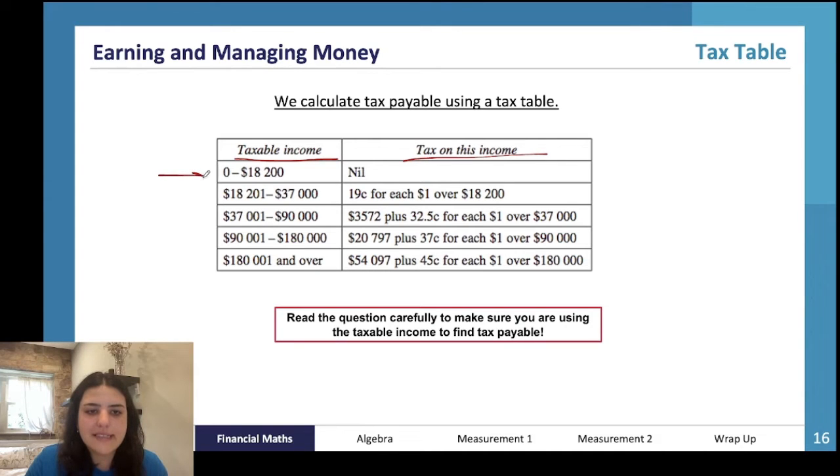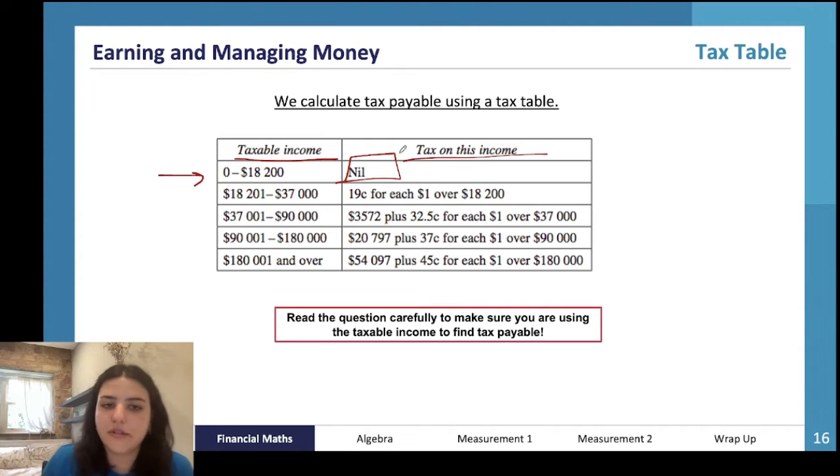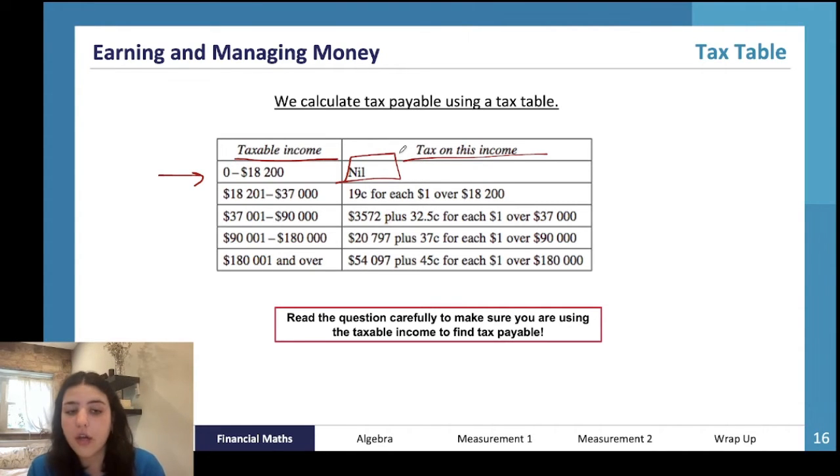If you earn less than $18,200 a year, you do not pay tax. This is why I suspect most of you will be unfamiliar with paying tax, because if you're earning $18,200 a year as a year 11 student, well done, you're killing it. Most of you aren't. Once you earn enough, you'll move into one of these 4 brackets.